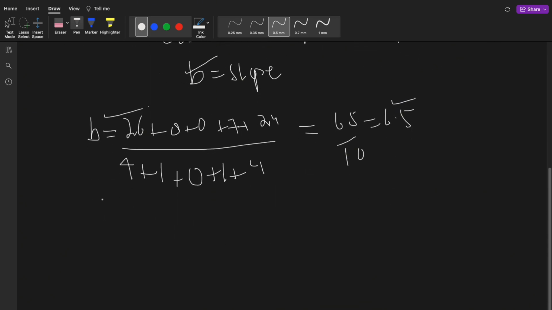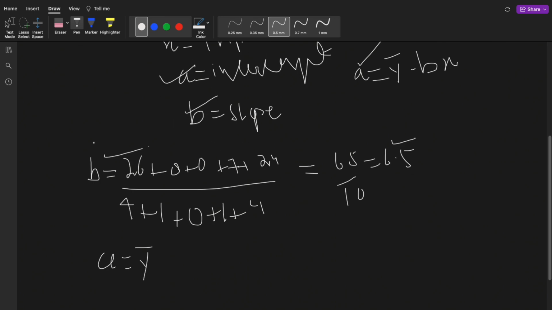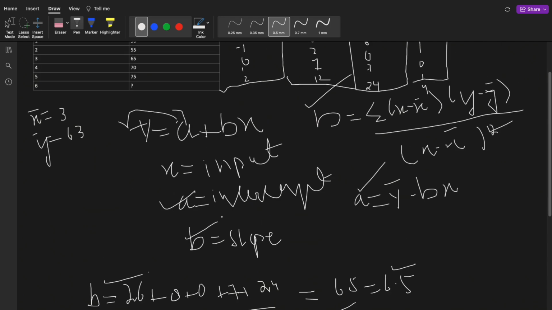After that we will calculate a. So the formula for a is y cap, so y cap is the mean, minus b times x bar. So b is here, which is 6.5 into x bar, which is 3.